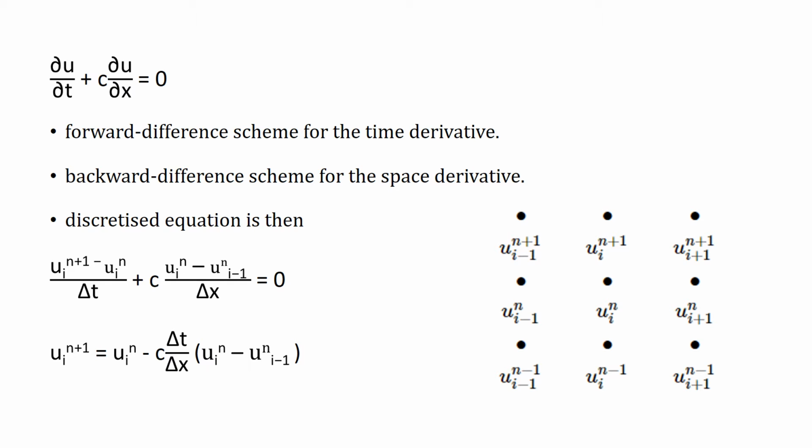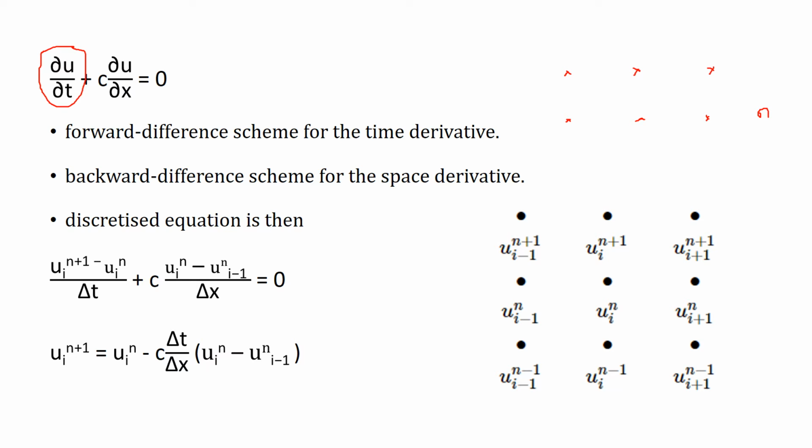We will discretize the one dimensional linear convection equation. We have two terms. One is dou u by dou t and the second one is dou u by dou x. So the first term dou u by dou t is the time derivative. So we have to use the forward scheme because time marches forward. So let us take one stencil and I will explain how to do the forward scheme here.